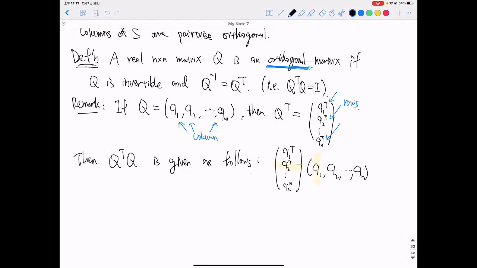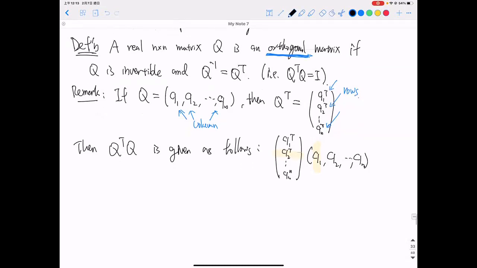And the way matrix multiplication is defined, what you're getting turns out to be just the dot product of the column vectors.